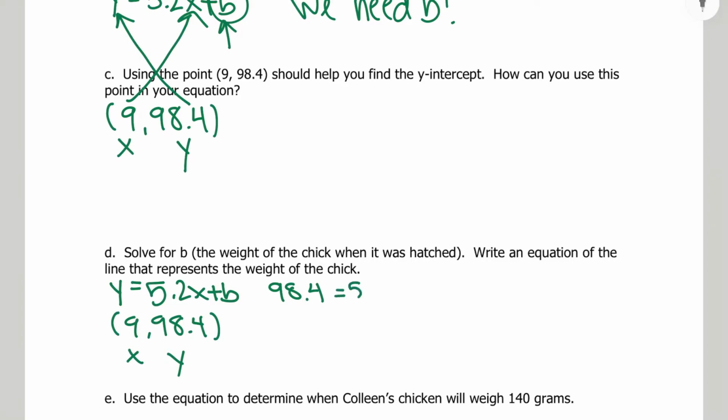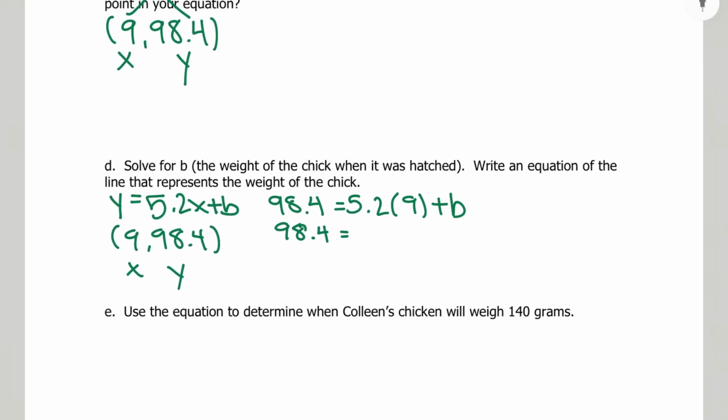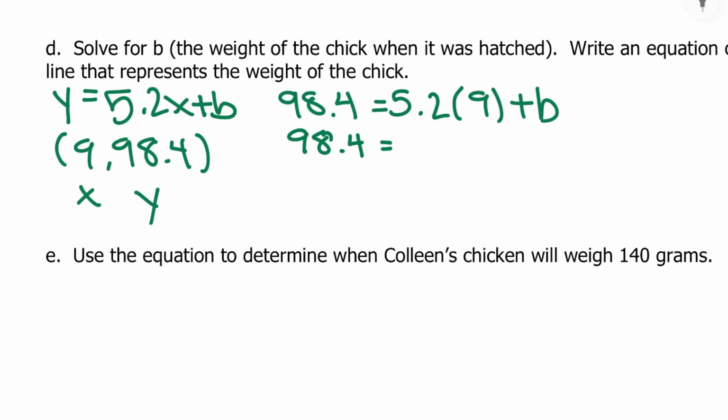We had 5.2 already, and then we're replacing x with 9, and then plus b, because we're trying to find b. That's our goal right now. So then we're going to do 5.2 times 9, and let me make this a little bigger so you can see if you need it, is 46.8 plus b. So take a second to catch up if you need to.